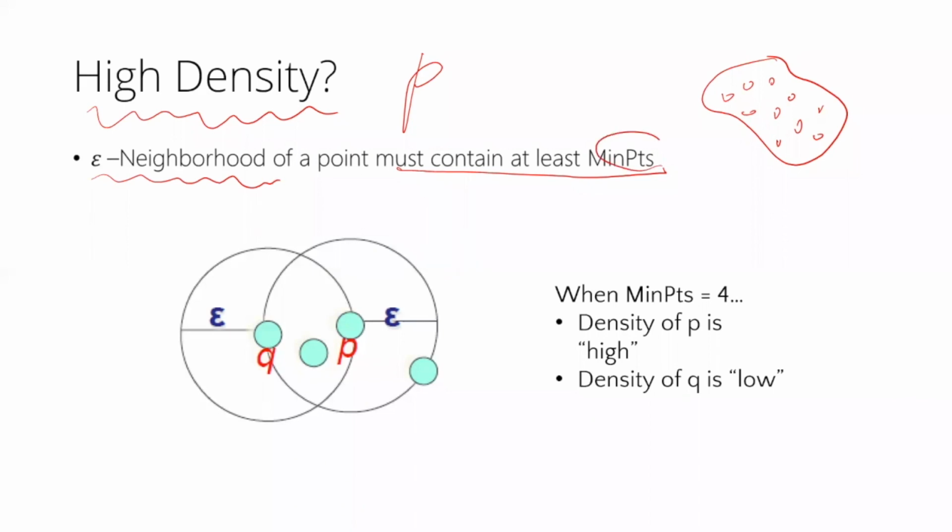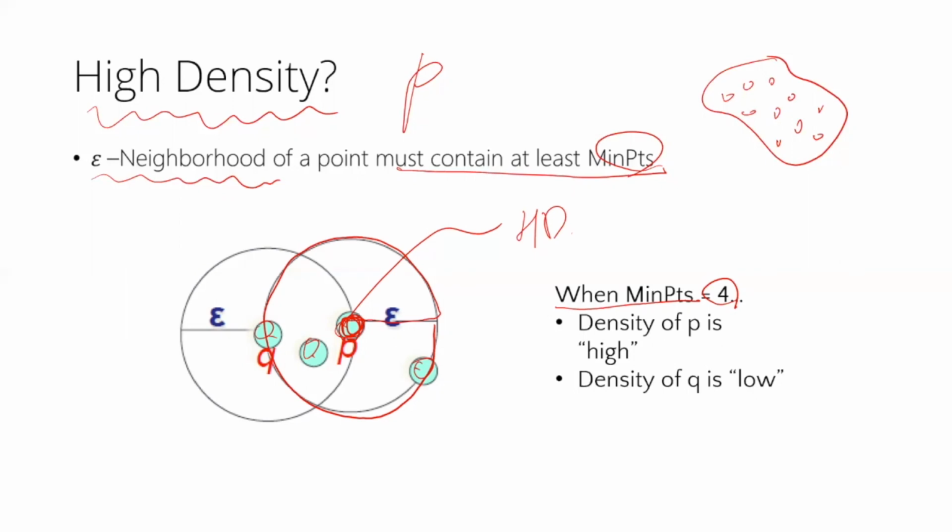Min points is the parameter that we set as a threshold to define if it is a high density point or not. For example, consider P over here. If you set an epsilon sphere around P, then we have 4 points that fall into this epsilon sphere. Assume that the user-defined parameter min points is 4. That means we have 4 points in the epsilon sphere, and P is classified as a high density point, okay?